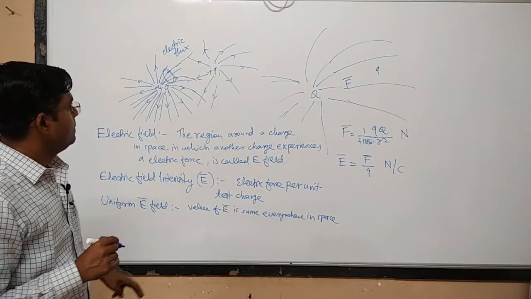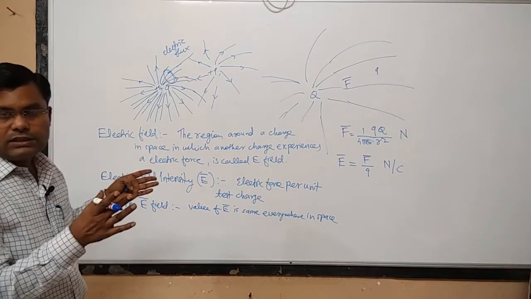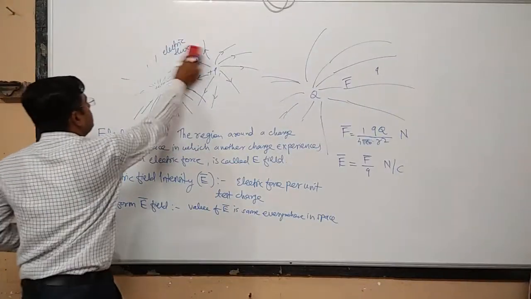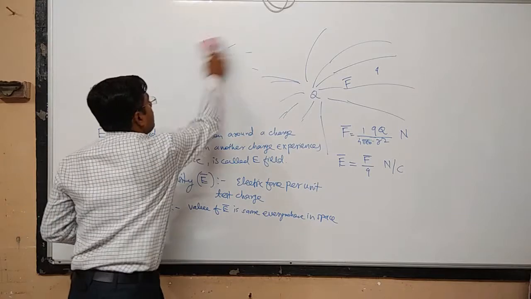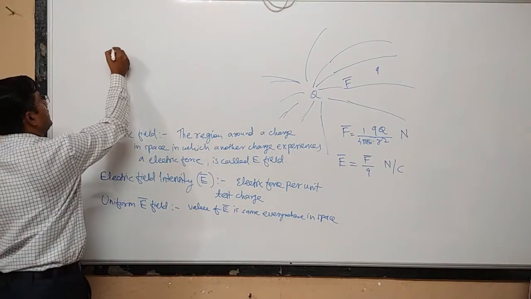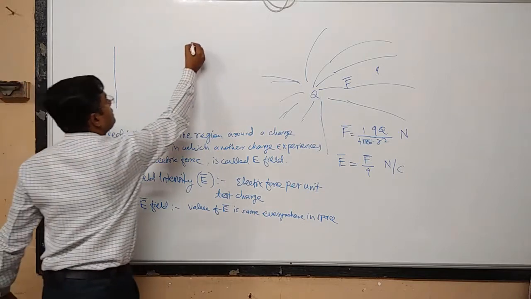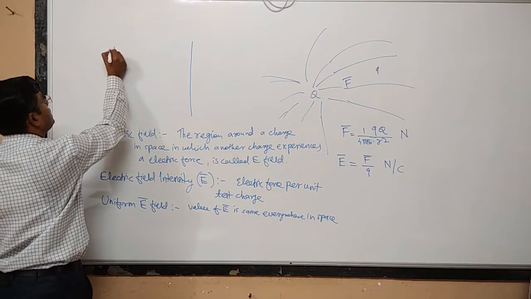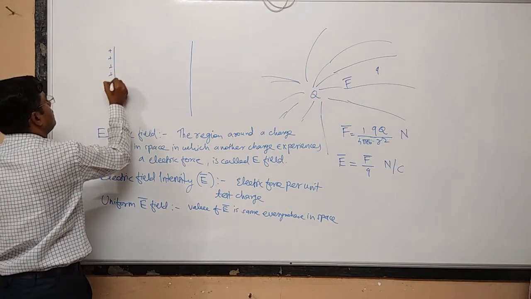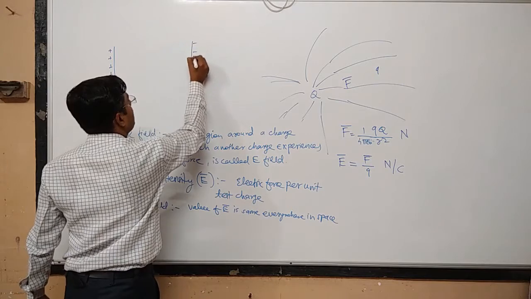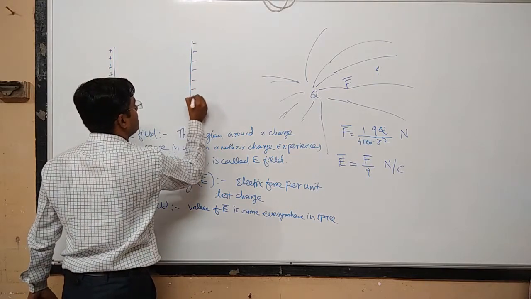Suppose that in one particular region we have a distribution of charges. For example, you know the example of a capacitor, right? Suppose there is one plate, and there is another plate. On this plate, suppose I have deposited positive charges, and on the other plate I have deposited an equal number of negative charges.